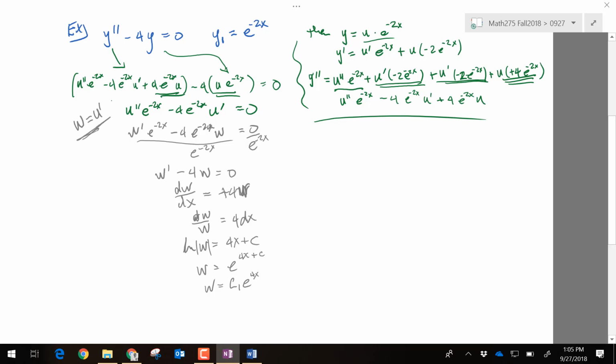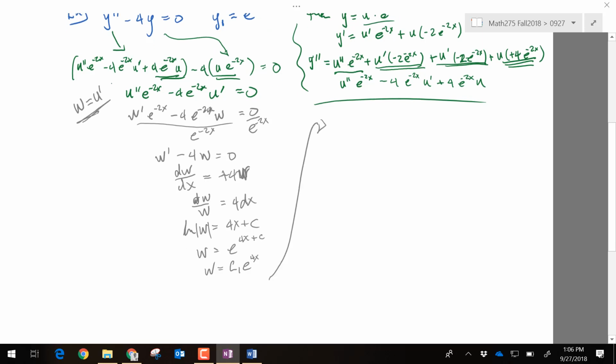We know that u prime is equal to w, and then to find u, we integrate. And what's the integral of this?